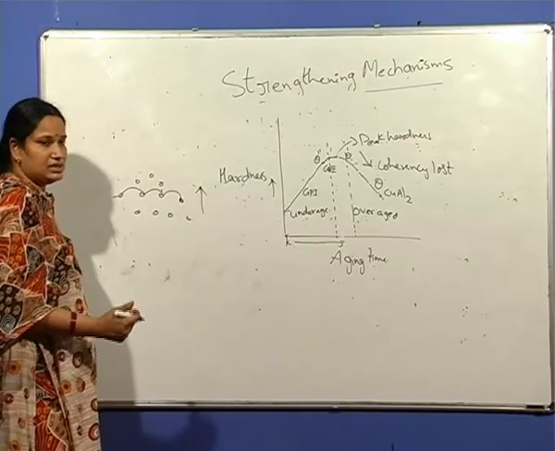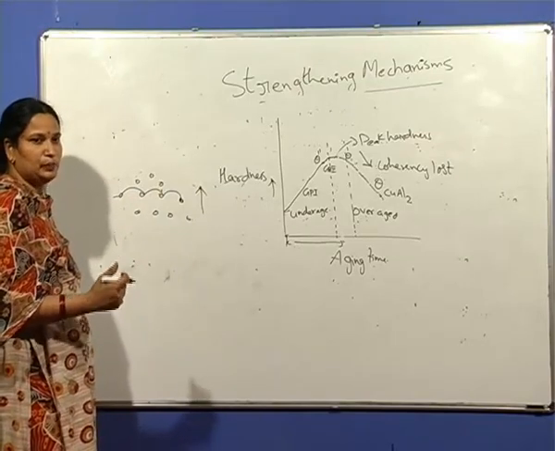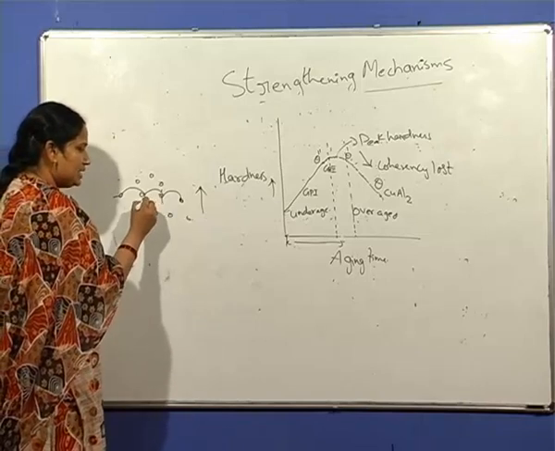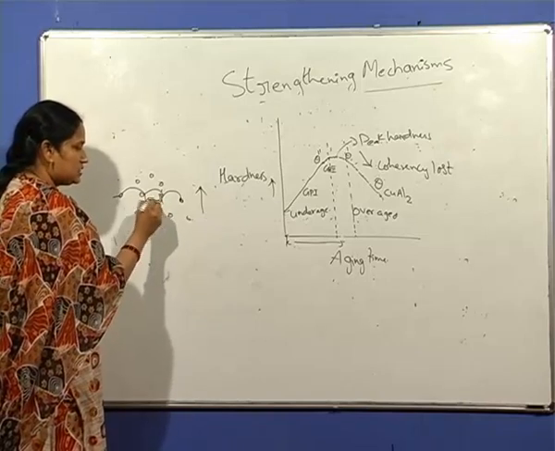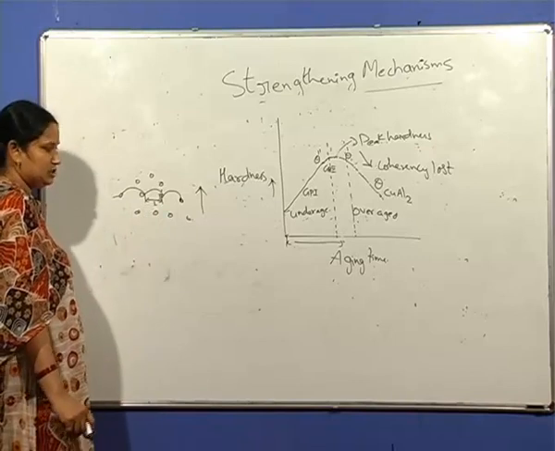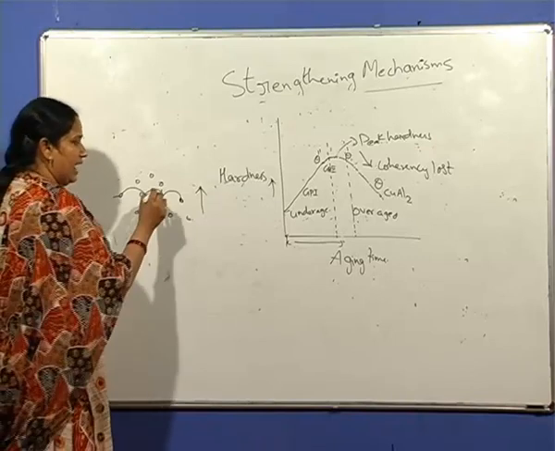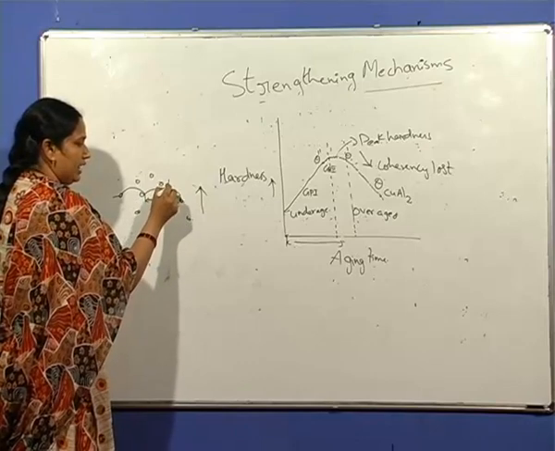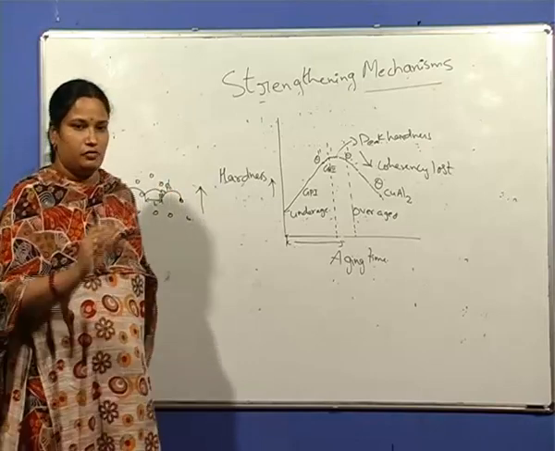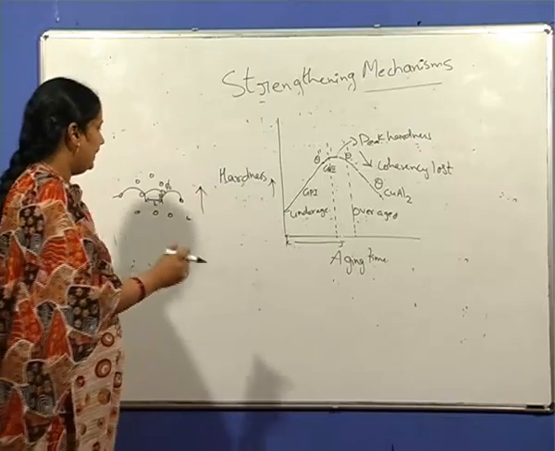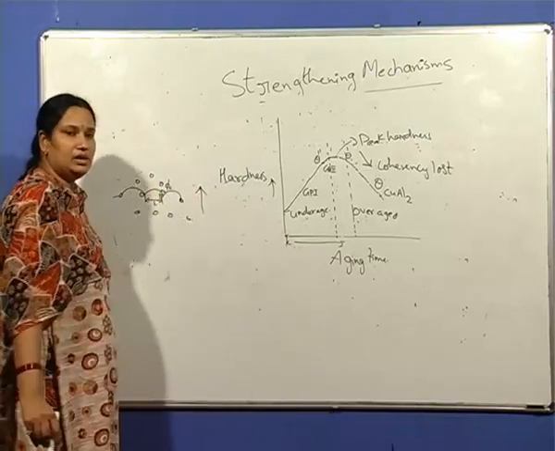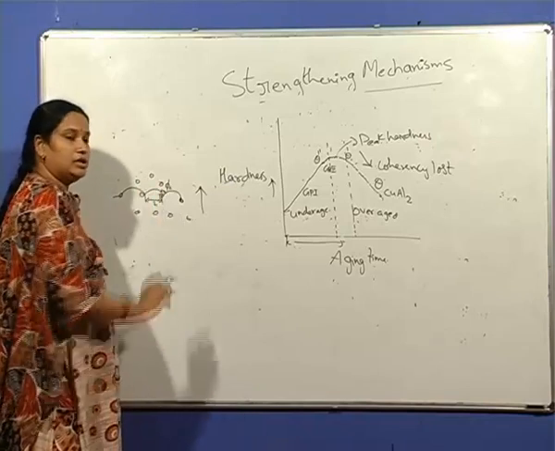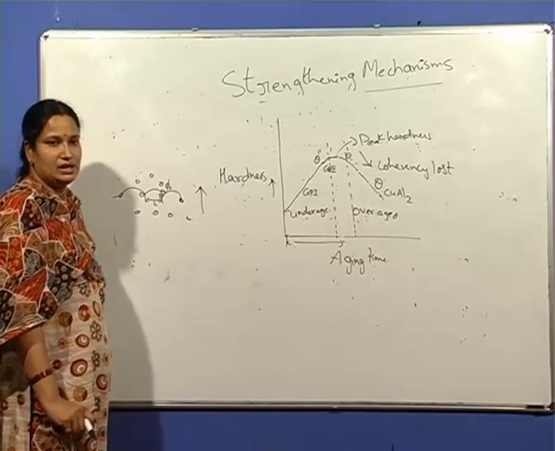So the stress that is required for the dislocation to break away from these obstacles depends upon the spacing between the obstacles, L, and the angle. This is the angle for the dislocation to bend at the obstacles. The amount of angle the dislocation bends at the obstacle.